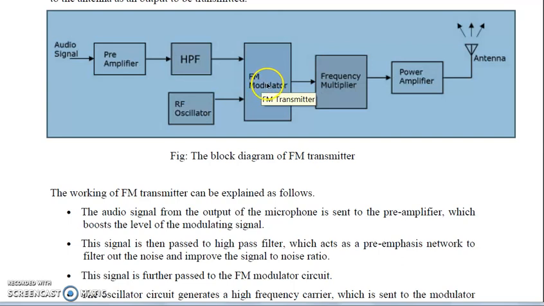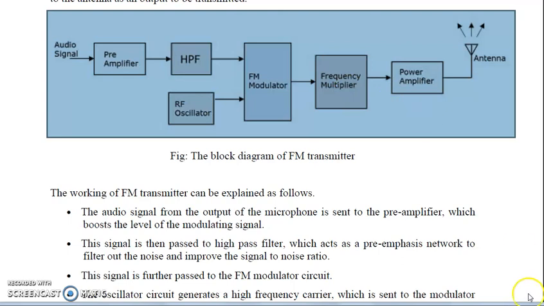Since it is FM modulation, the carrier signal frequency will be modulated according to the change of the message signal amplitude, and the FM modulated signal is the output of the FM modulator which is fed to the frequency multiplier.